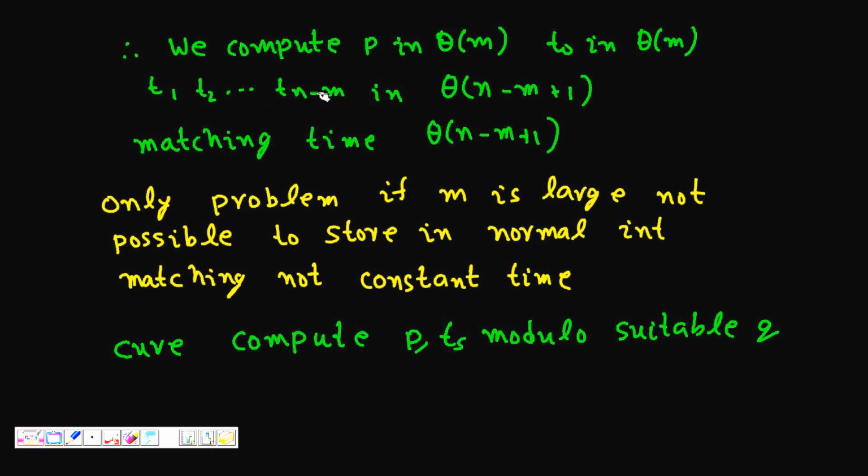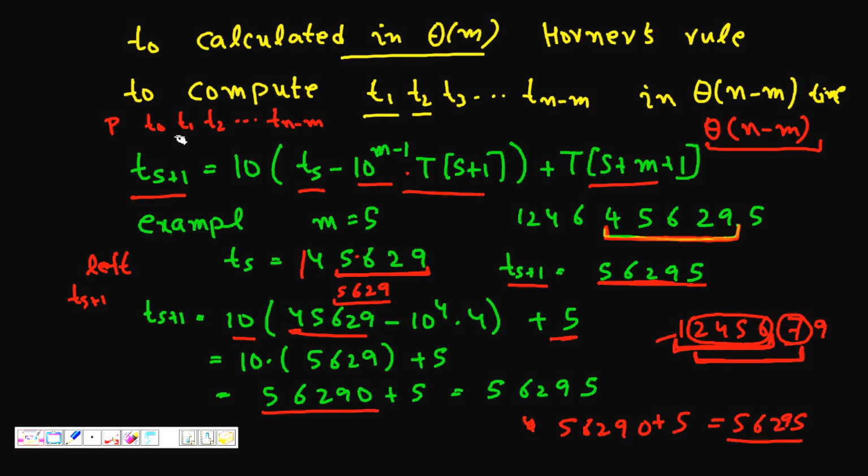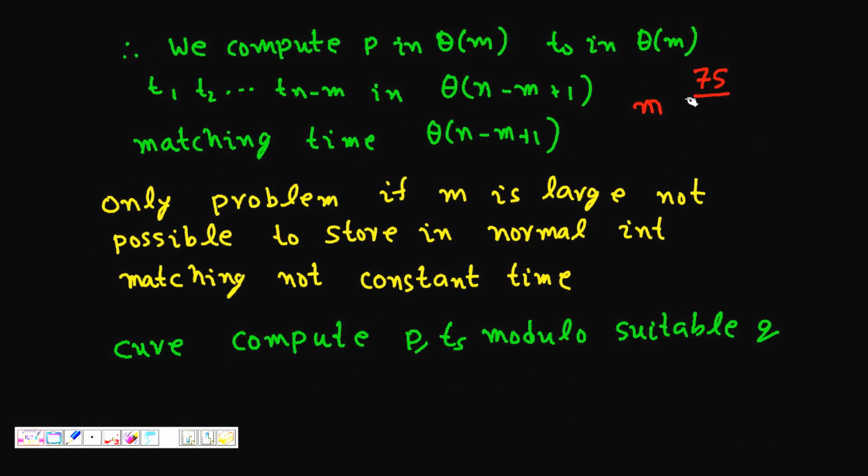But one of the problems is, if your m is large, say the pattern size is 75 letters, you cannot expect that we can compare t0, t1 with p in constant time, because such big numbers cannot be handled by the operating system in constant time.